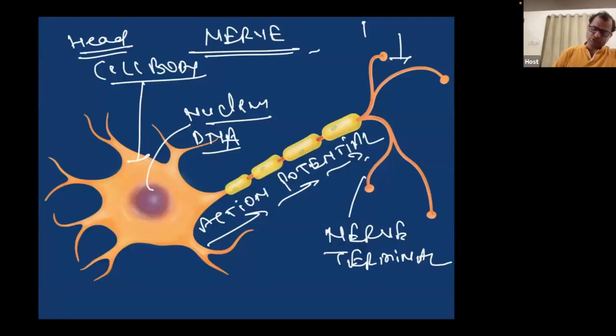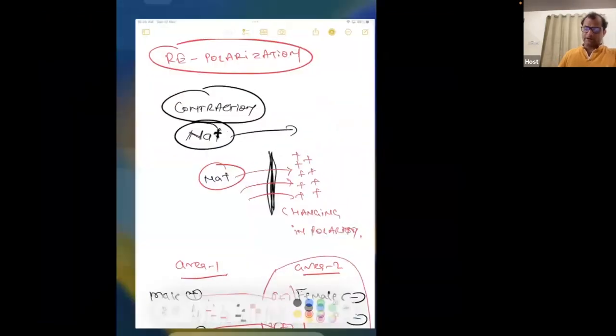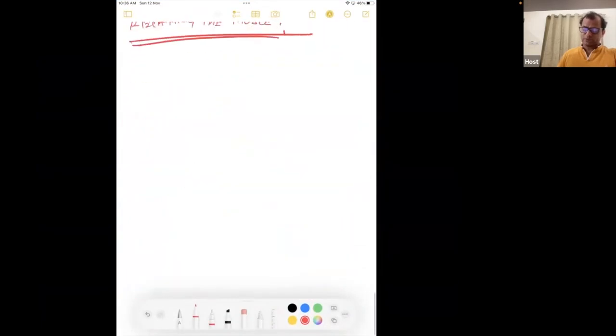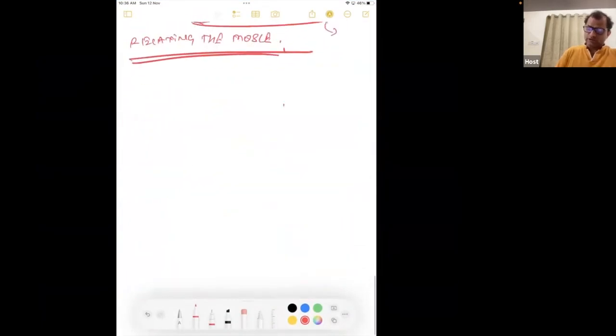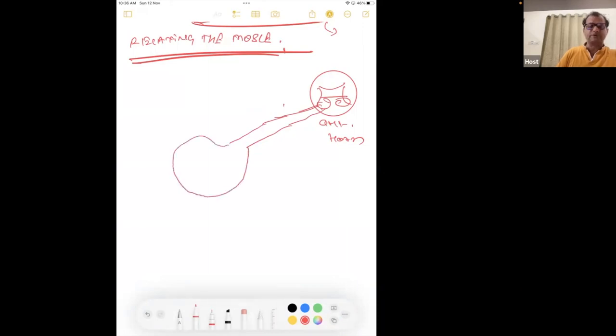So suppose electric current is passing. Let's see, this is the spine. In the spine, this is the anterior horn. From there this nerve is coming out, and let's make the nerve terminal a little bigger so we can understand very properly.